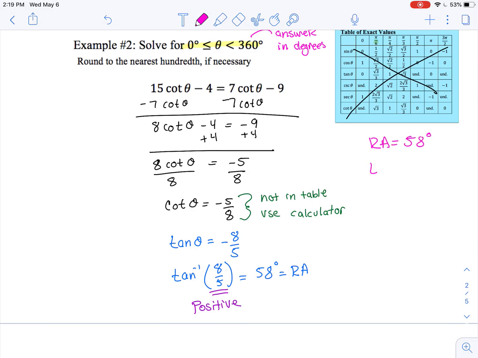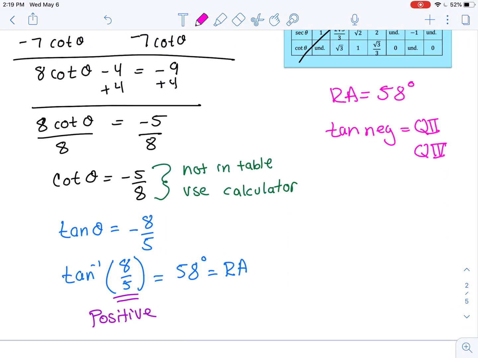I need to think, when is tangent negative? Tangent is negative in quadrant 2 and in quadrant 4. So that's where my solutions are going to lie. So what are my solutions?